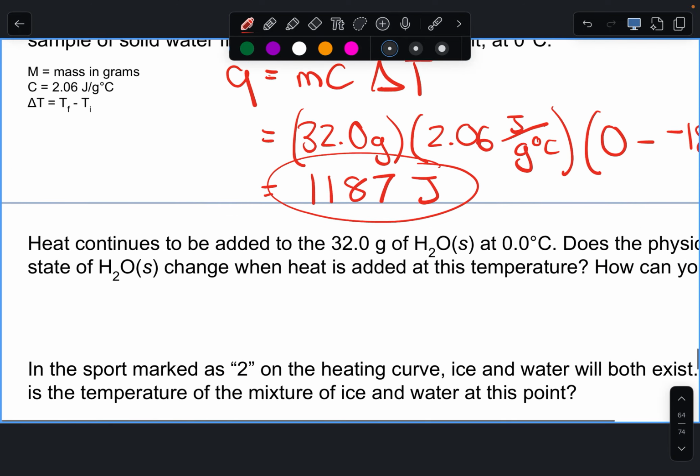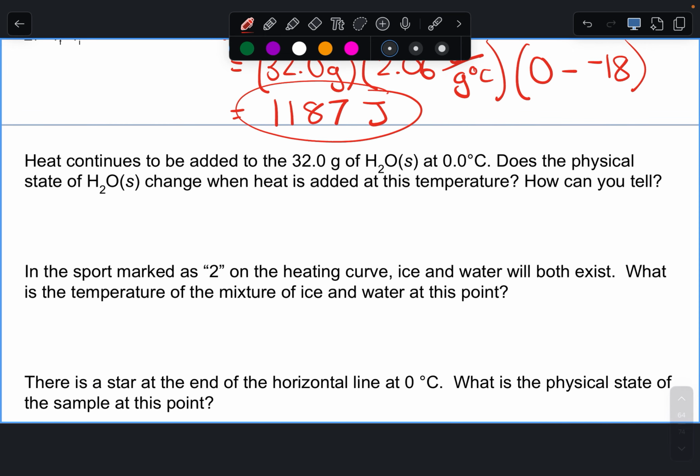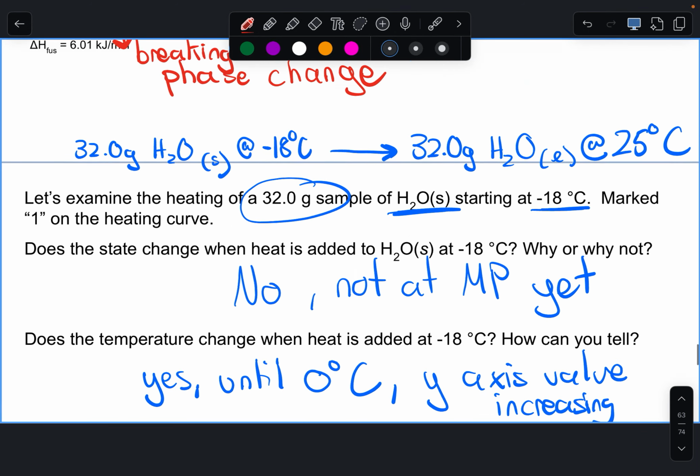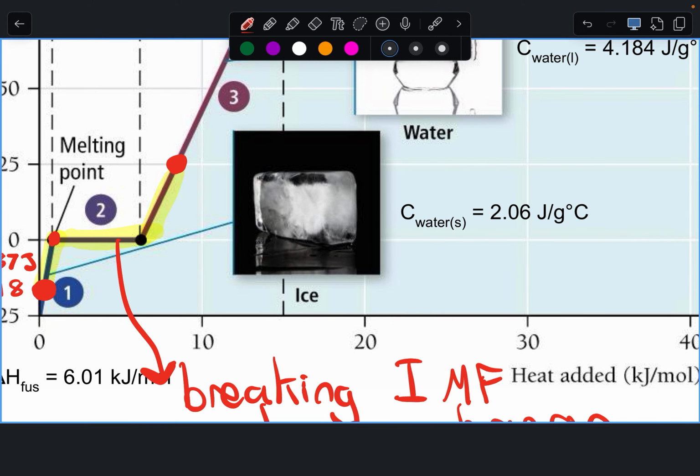Next, it says heat continues to be added to the 32 grams of water. Does the physical state change when heat is added? How can you tell? We know that we're at the melting point and we're continuing to add heat. That would make us think there probably is a phase change going on. We're adding heat, so we're breaking those intermolecular forces and turning it into a liquid.